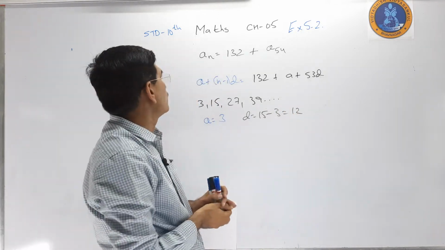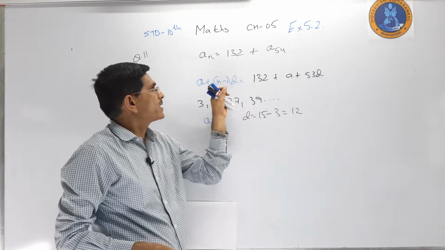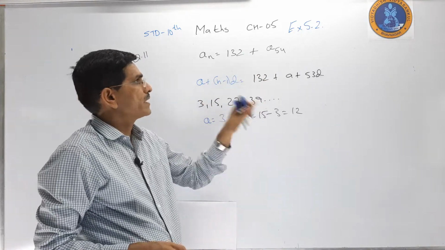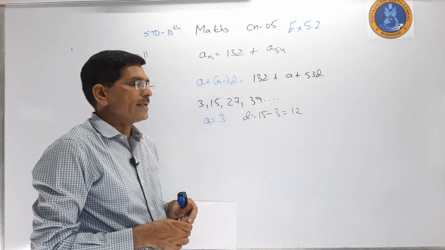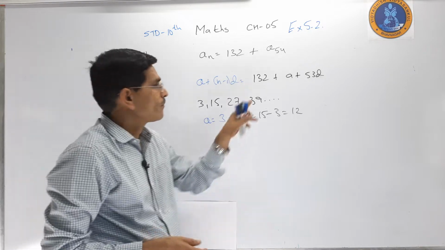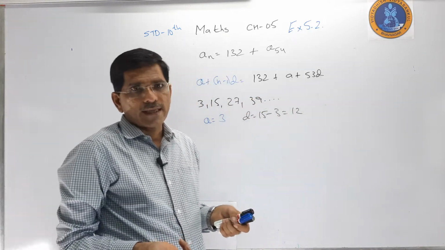Now what we have to do? An is 132 plus A54, so A plus n minus 1 D equals 132 plus A plus 53D. Someone says, sir, can we cancel directly A? Yes, we can directly cancel it.